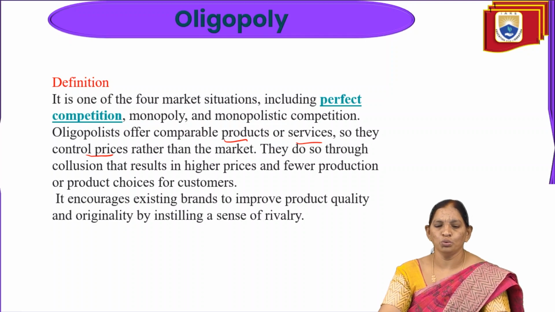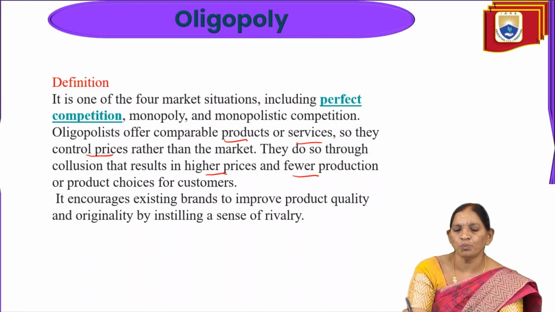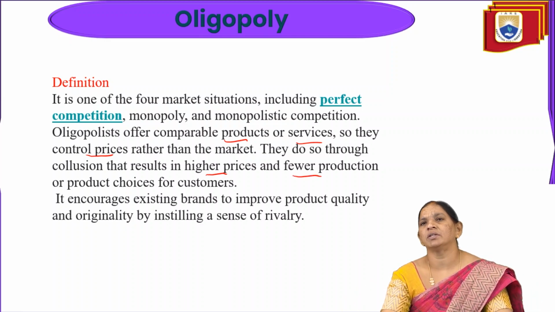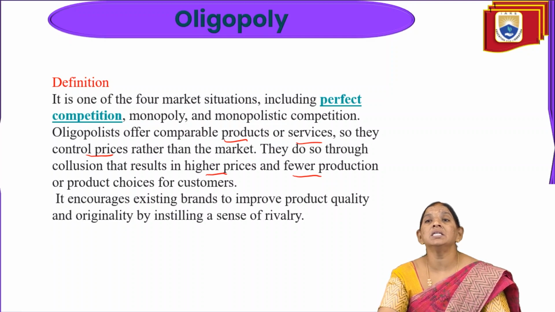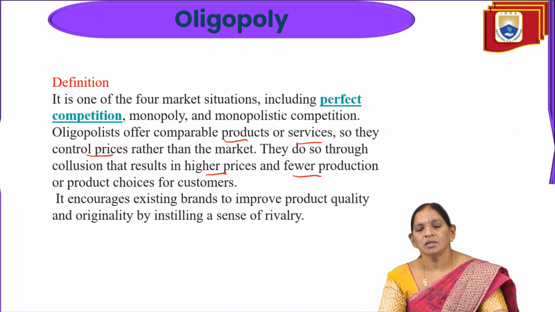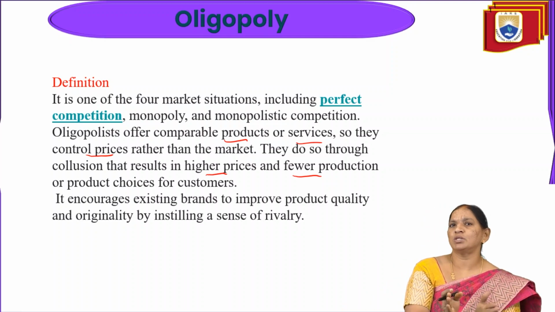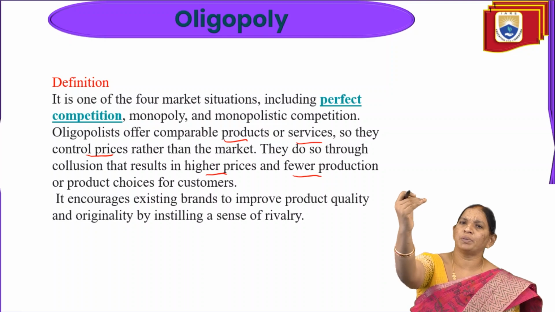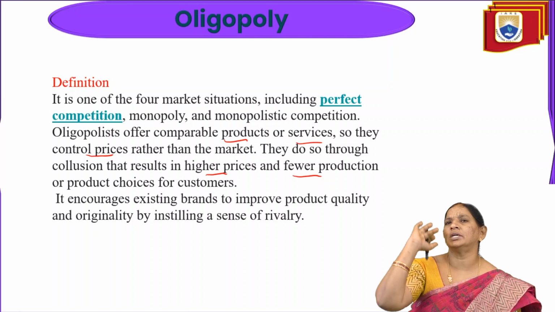And they do so through collusion that results in high prices, that is, fewer production or product choice for the consumers. Where these people have shared the market, sometimes they go for high-end pricing, where they decrease the production. When production is decreased, supply automatically decreases and the demand increases. Or sometimes the product is chosen by the customer, meaning a sector of customers will be there who want to purchase only that product of the market, so they will go to that product only.